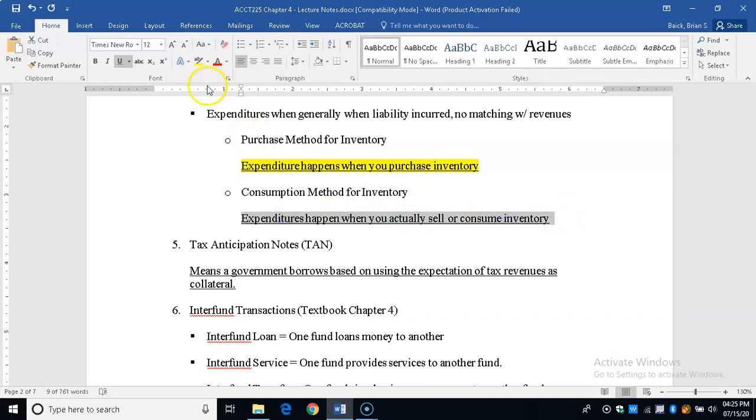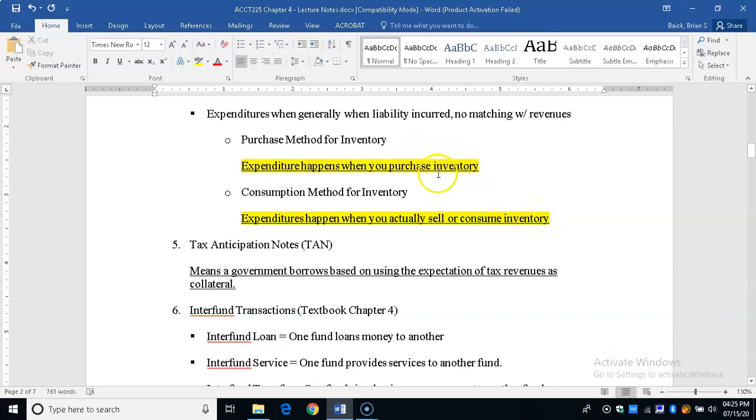The other method is that you have expenditure when you actually use the inventory. Okay, so just know for modified accrual basis of accounting, there's two ways to handle inventory. Inventory can either be an expenditure as soon as you buy it, that's called purchase method, or it can become an expenditure only when you use it.